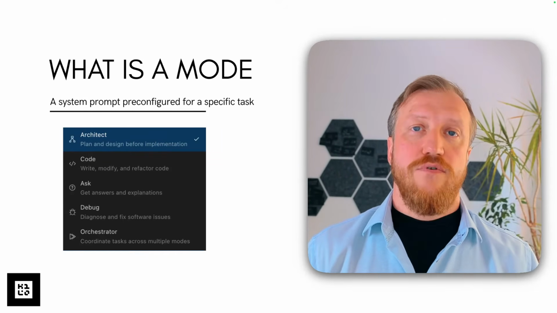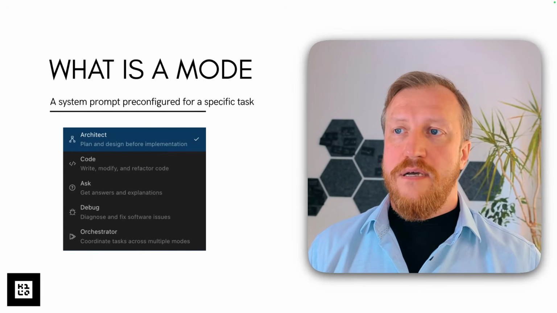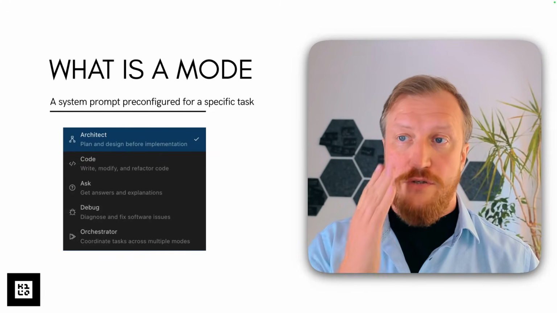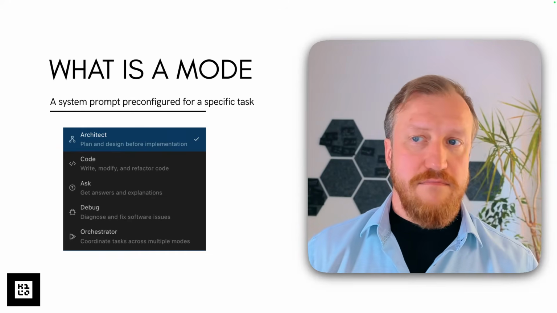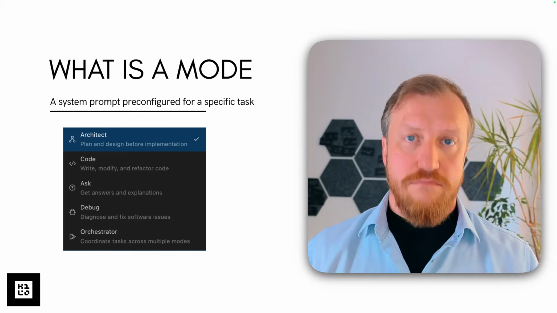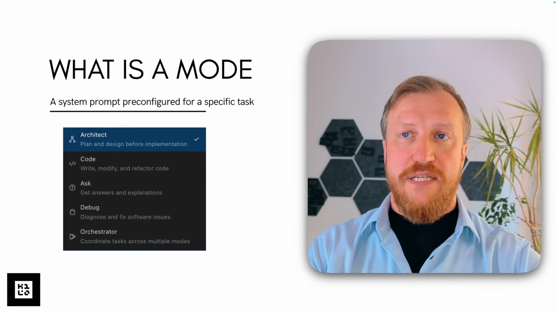So first it will, for example, call Architect to design something, and then it will call Code mode to implement this solution. And then finally, if something goes wrong, if tests are failing, something is not executed properly, it can call Debug mode to debug the situation, what went wrong during the implementation phase.